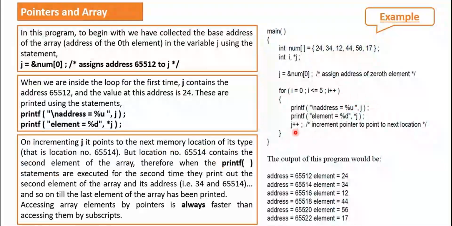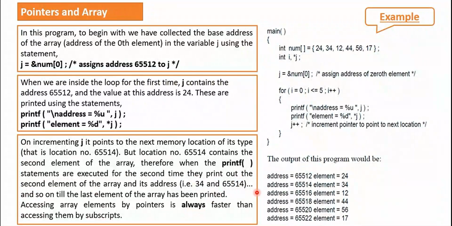On incrementing j, it points to the next memory location of its type, that is location number 65514, okay. Location number 65514 contains the second element of the array. Therefore, when the printf statements are executed for the second time, they print the second element of the array and its address, that is 34 and 65514.